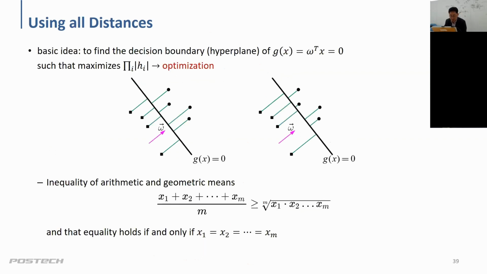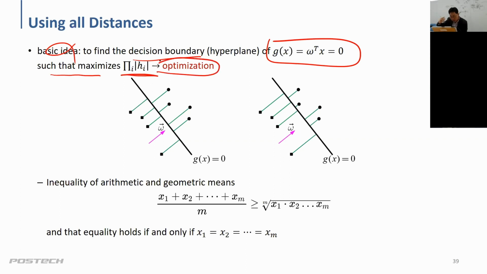So let me generalize it. The basic idea is to find the decision boundaries. Again, it's a linear classifier problem, to maximize these. So it's an optimization problem. Since this is an optimization problem, now I can tell that probably A is better than B. So I can get the best linear classifiers out of it.